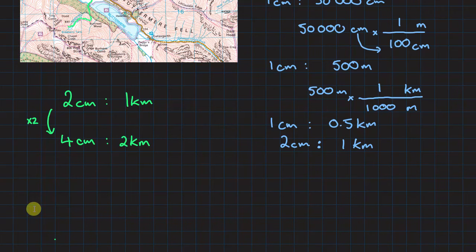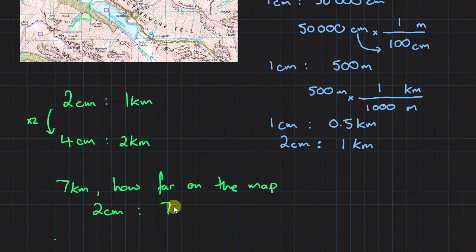So these 2 maps are out of the way. So if I got a distance 7 kilometres, how far is it on the map? I can take any of the units I already know. I know 2 centimetres is 1 kilometre.